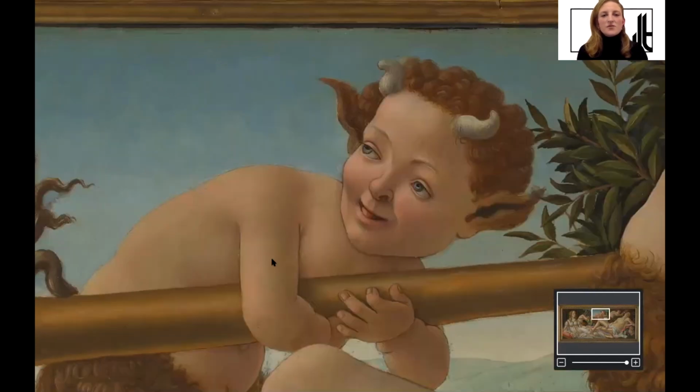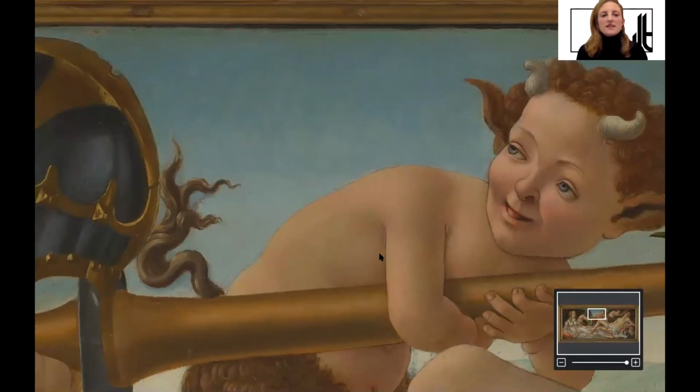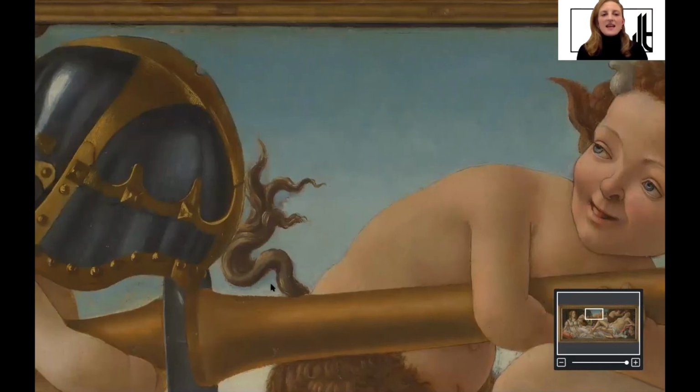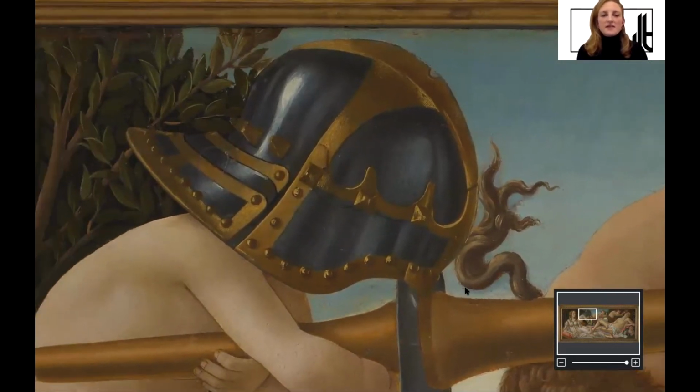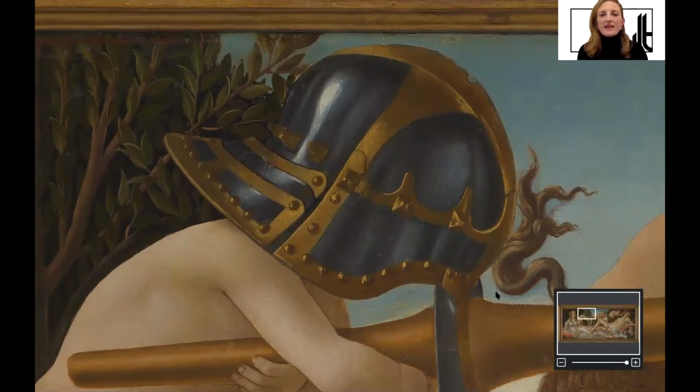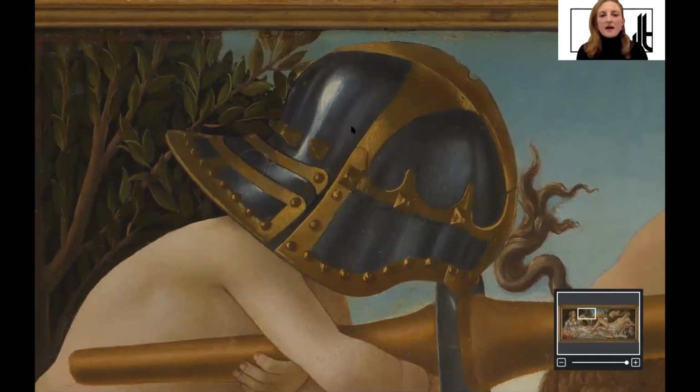But I also just wanted to draw attention to this satyr here, this beautifully executed armor with this dab of white paint to give the impression, of course, of the light catching a very smooth metal surface.